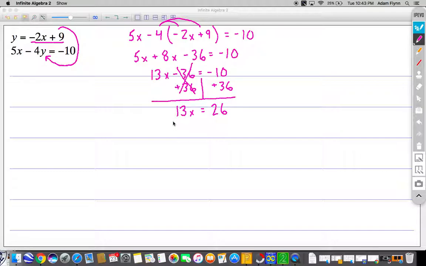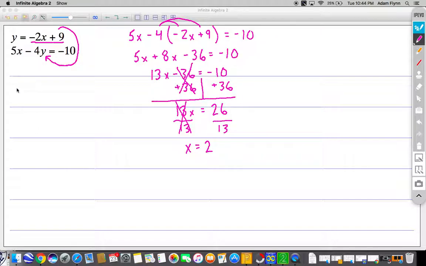So to get the x by itself, I'll divide both sides by 13. When I do that, 13 divided by 13 cancels, so I get x equals 26 divided by 13, which I know is 2. And since I know that x equals 2, I can take that 2 and plug it in for x in either the top equation or the bottom equation. It does not matter which one you pick, you should get the same answer for both.